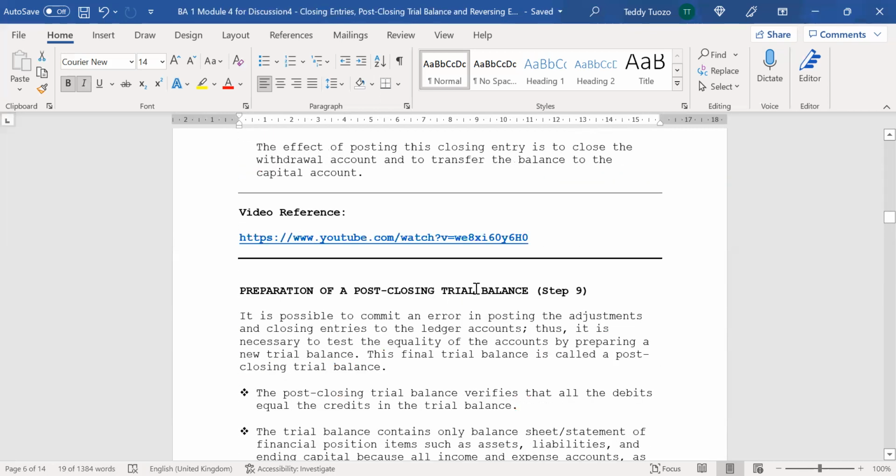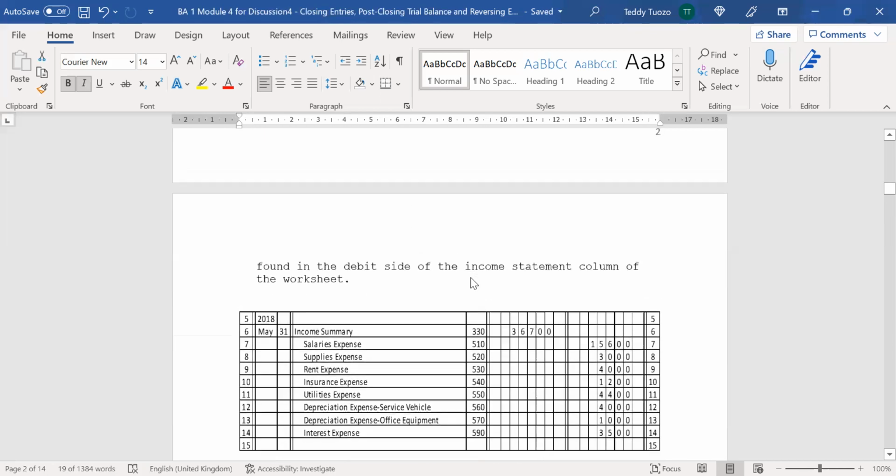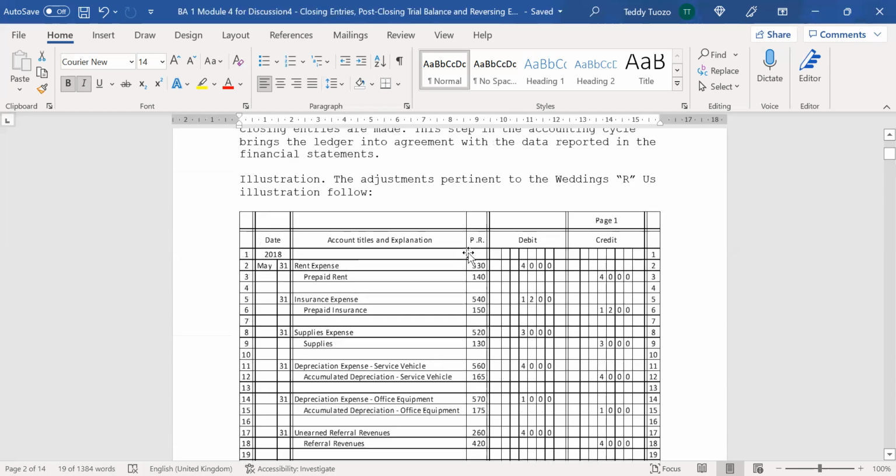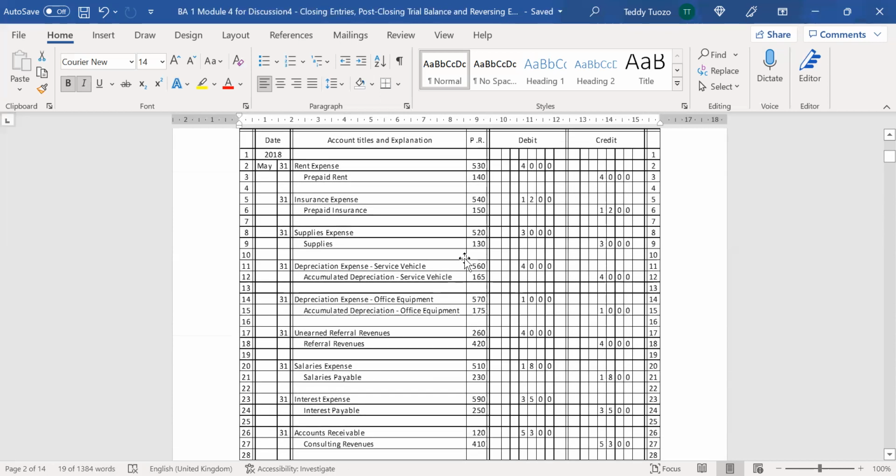Okay. So kung atong balikan, atong adjusting entries diri, we look for which among these increase the assets and increase the liabilities. The first adjusting entry is debiting rent expense.